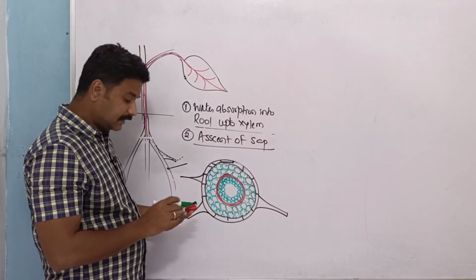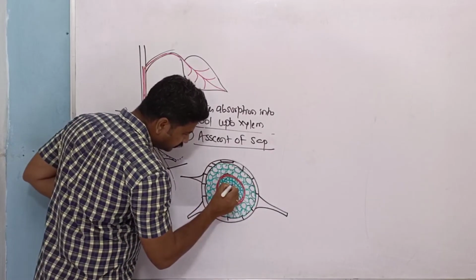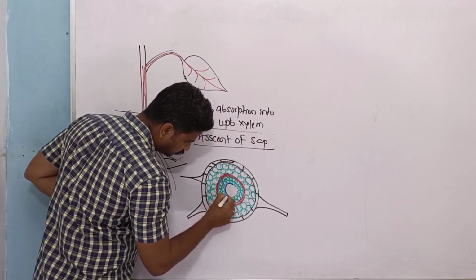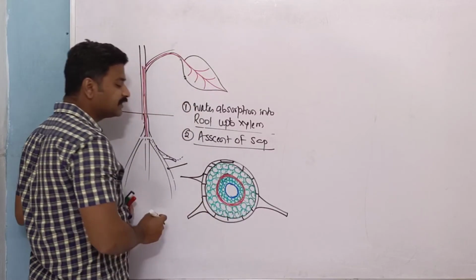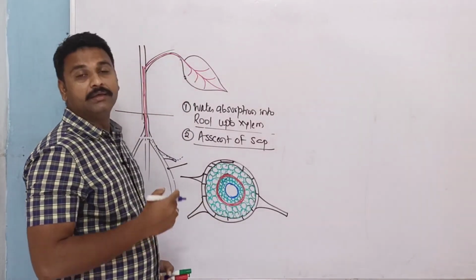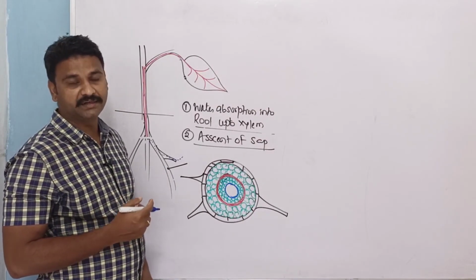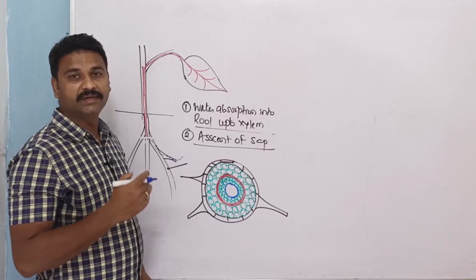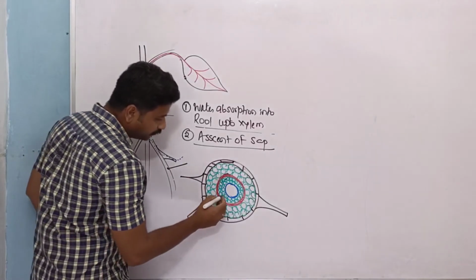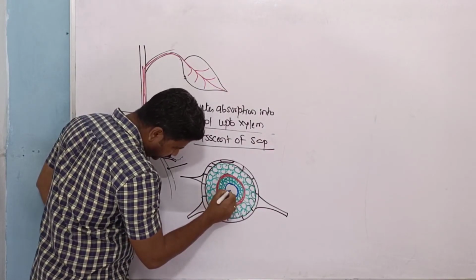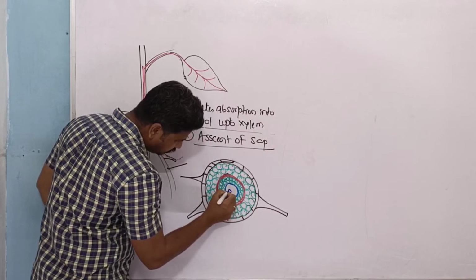And inside the pericycle we can visualize a vascular bundle. So this is a vascular bundle, and as we are taking a cross section of root, in root the vascular bundle will show you a radial arrangement. That means on one radius we can have xylem and on another radius we can have a phloem. So we are drawing only one radius. At this radius we can visualize a xylem.